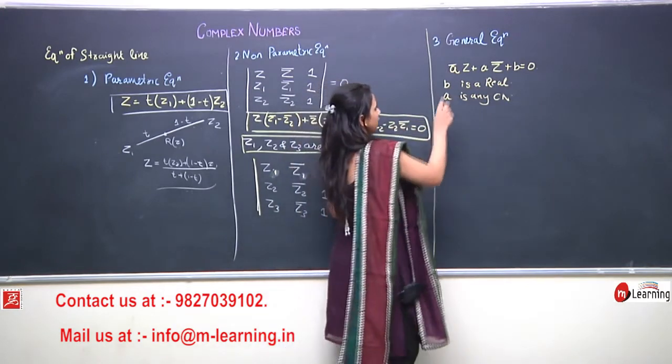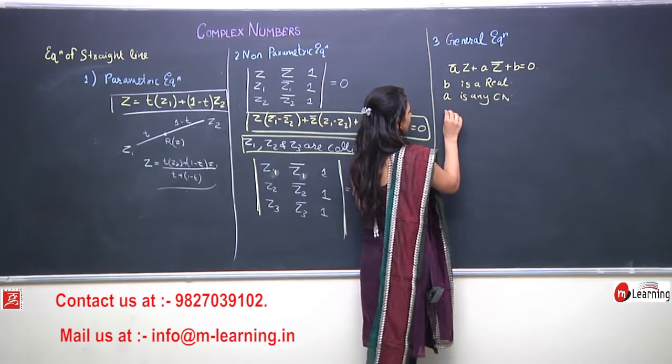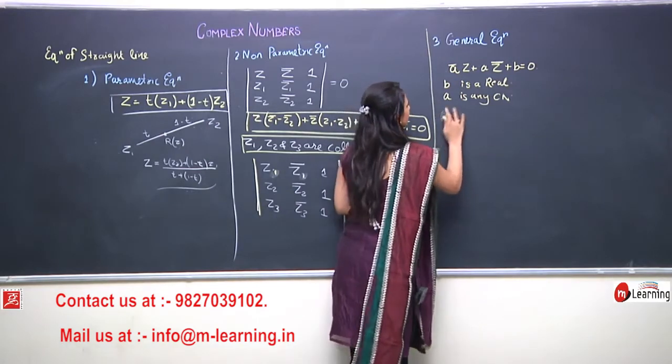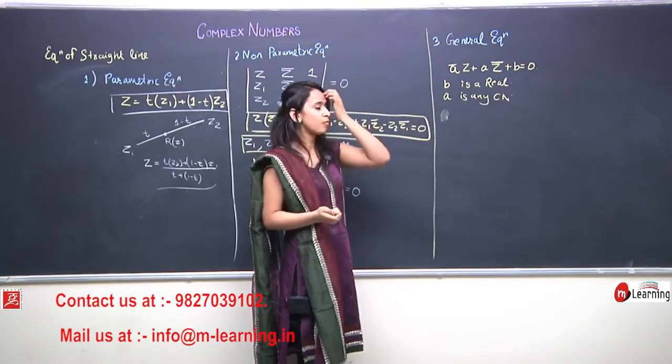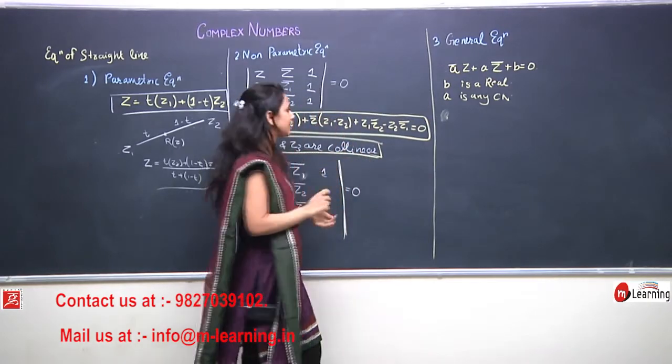In case of complex numbers, we define two types of slope for a straight line. One is a complex slope and one is a real slope.